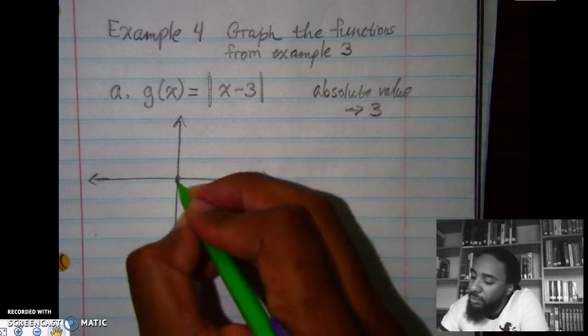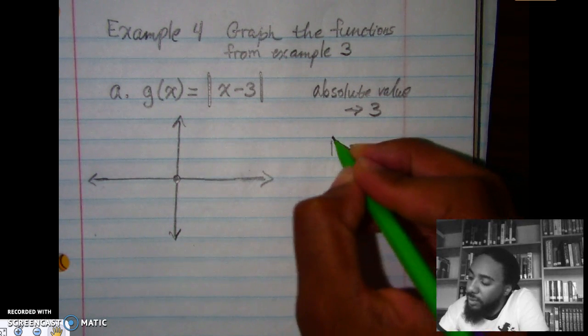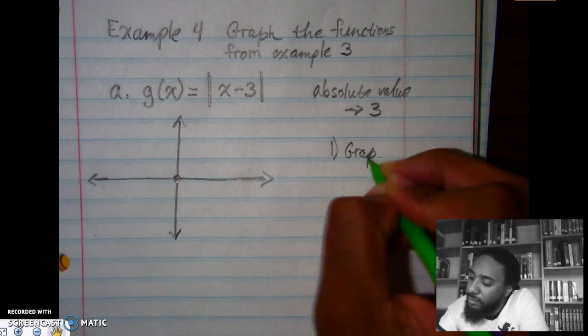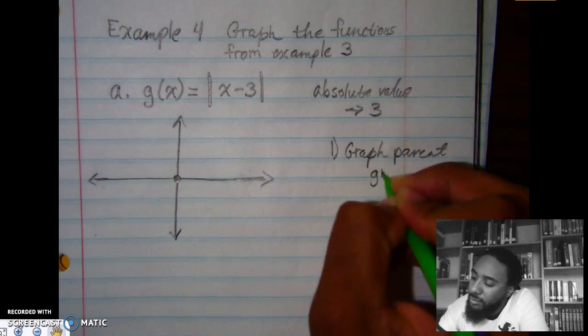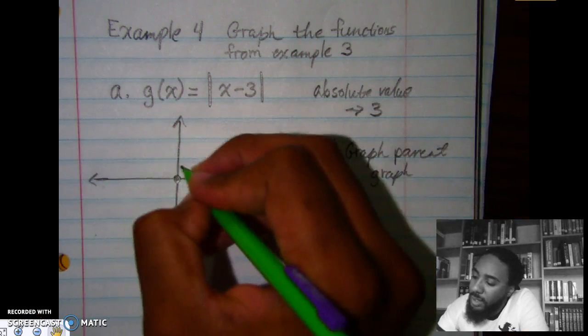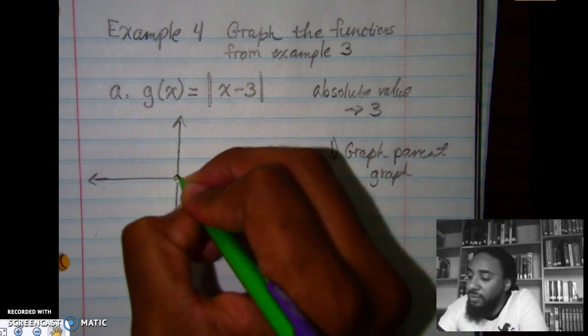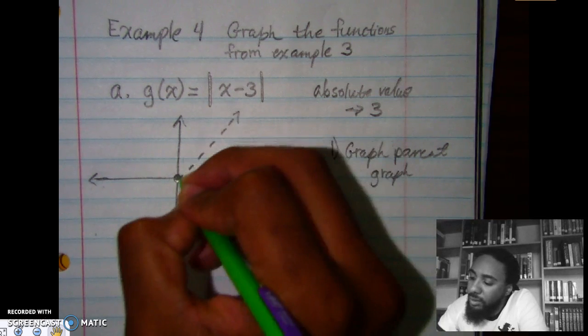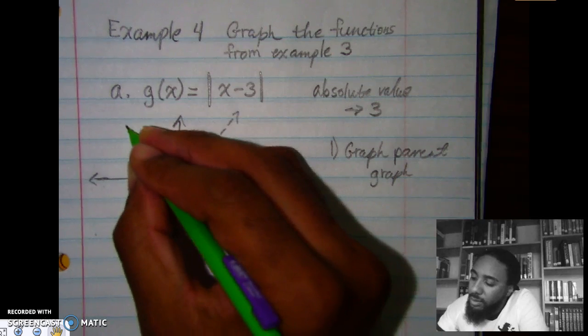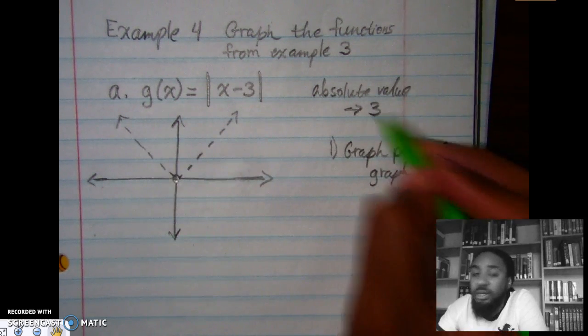Right, so we, first off, as always, graph the parent graph. And again, that's absolute value. So if we go back to the foldable, it's a V. And we said that it goes to the right 3.